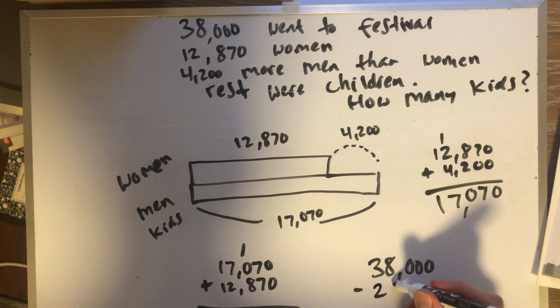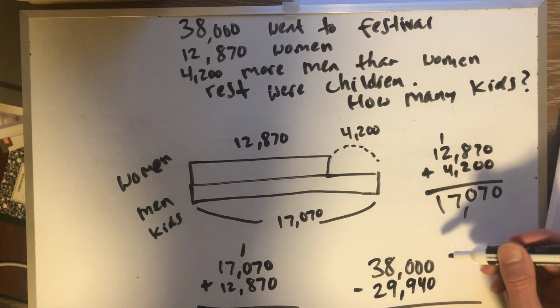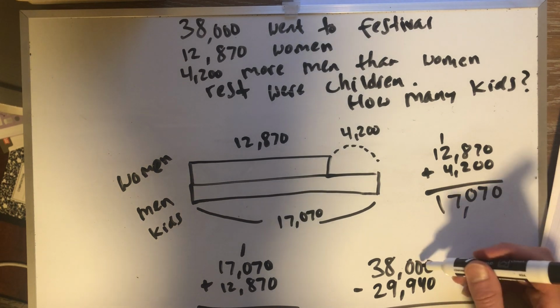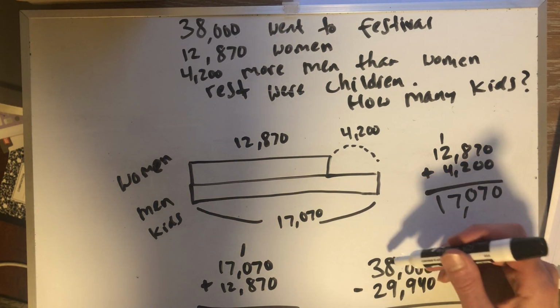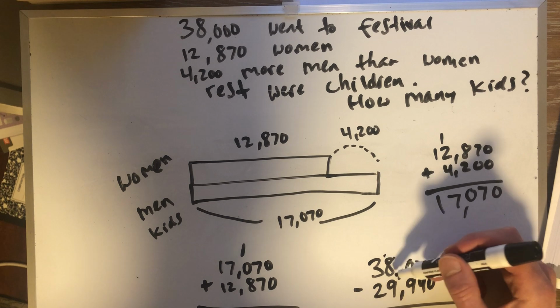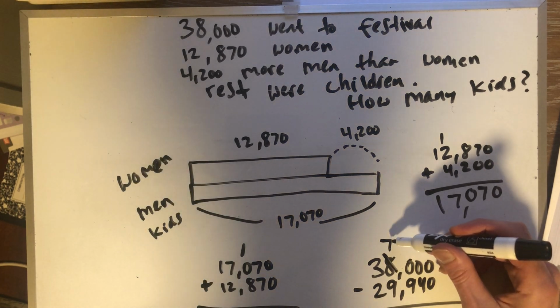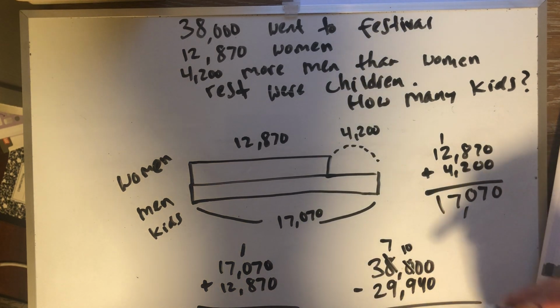Okay, so 29,940. Just do the subtraction problem here. 0 minus 0, 0. 0 minus 4, can't do it. Oh, and there's a 0 there too. We need to break up some of these big bills. Well, we can break up the 8. So we're going to break up the 8. That's 8,000. So we're going to have 7 left. And that's going to go over here, the hundreds. So I've got 10 hundreds.